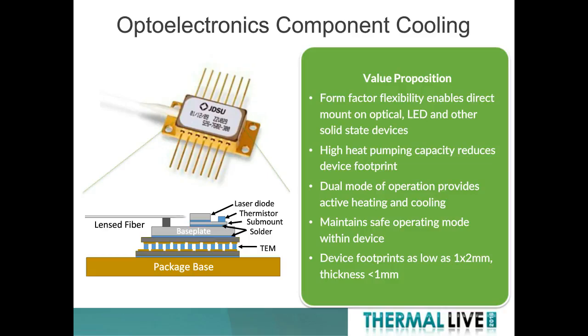Then the laser is mounted directly on the TEC, or sometimes a carrier base plate can be used to mount the diode and then the base plate is mounted on the TEC. A thermistor is used to control the temperature, and the light is coupled to the fiber, so there's a lensed fiber. You can also have other components to manipulate the light, like lenses and mirrors, sitting on the TEC. So all of these components.